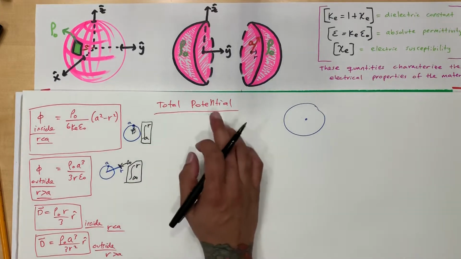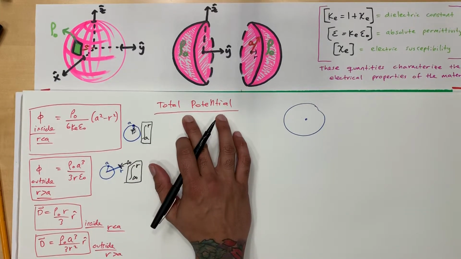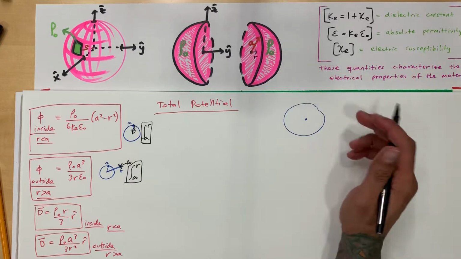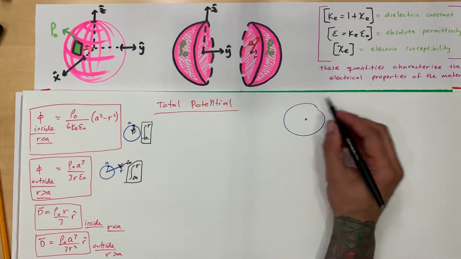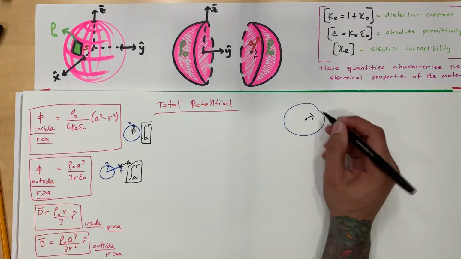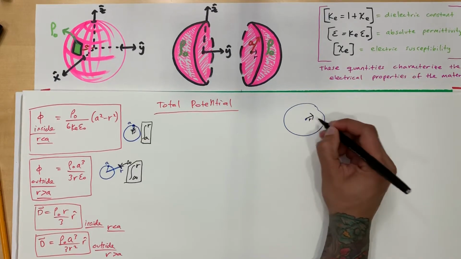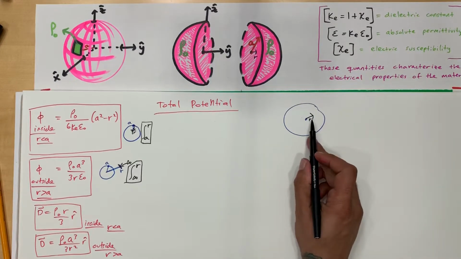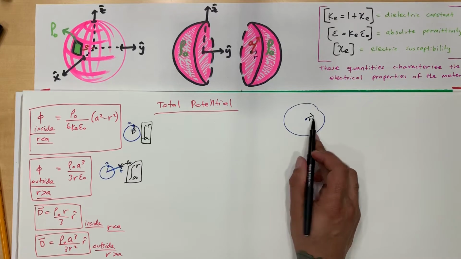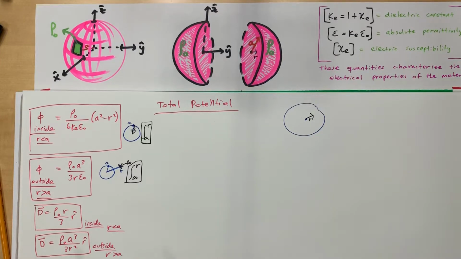Now what we're talking about when we're looking at total potential is we want some R in here, like that. So in order to get to this R, we have to start from the outside.